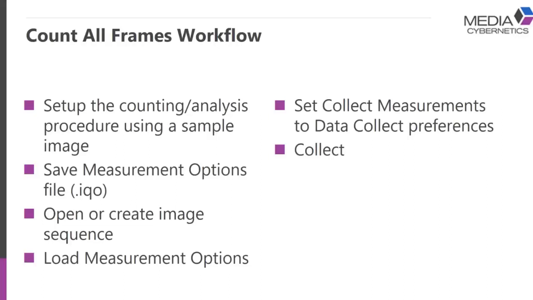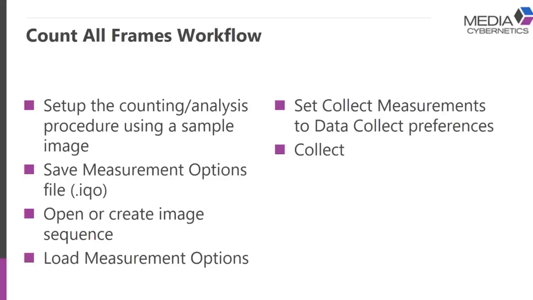We'll load measurement options. We'll go into the feature that we added in Image Pro 10, the collect button that is in every place in Image Pro that we have our counting or analysis feature. In count size, there's one. Motion tracking, there's one. In manual measurements, there's one.